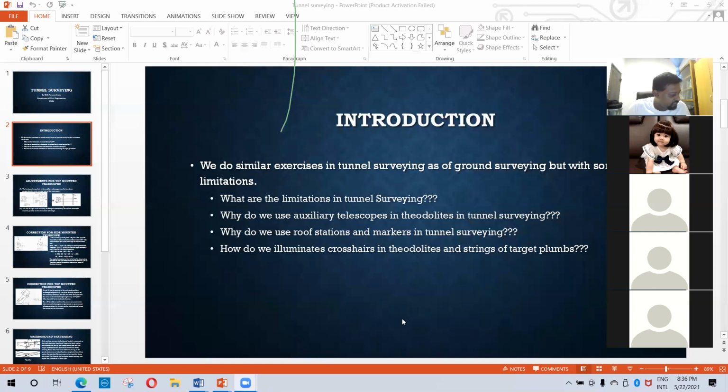Instrument stations are usually above the instrument. What do you mean by this?